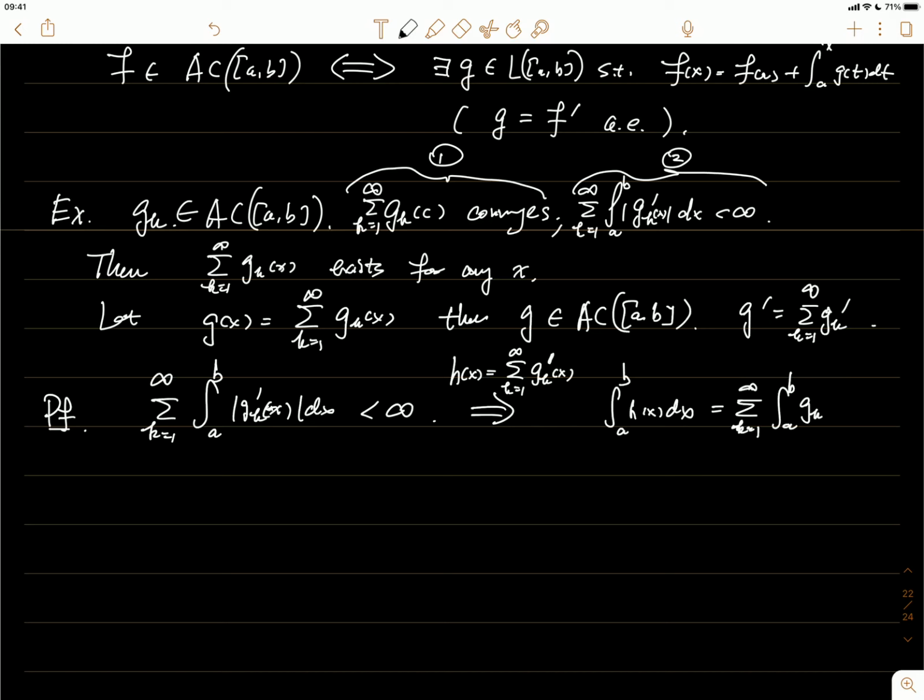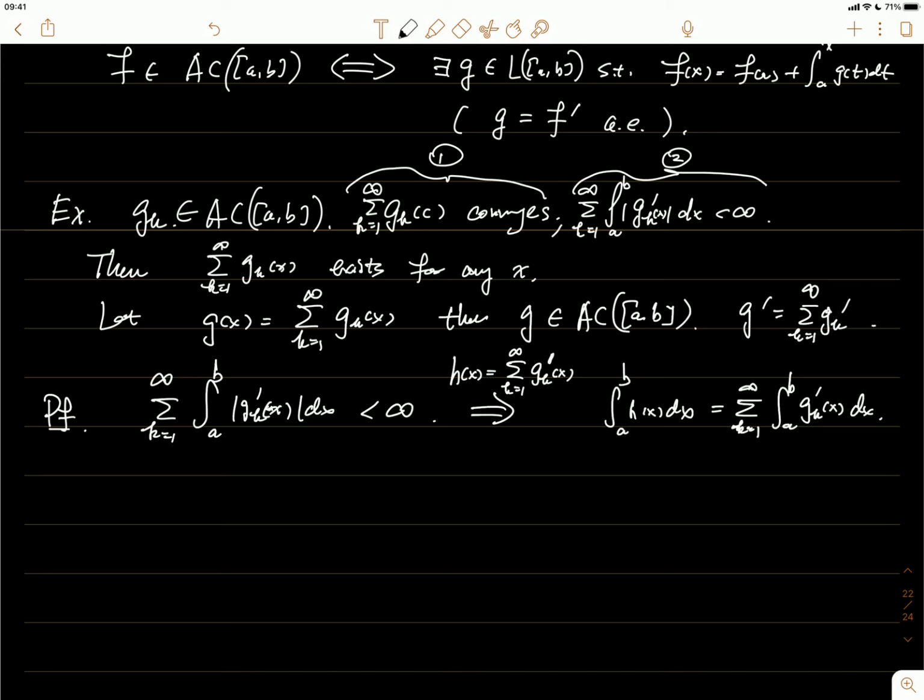Or you can just use the result before. I think I put the number of the theorem in the notes, so you can refer back to the notes, then this will hold.